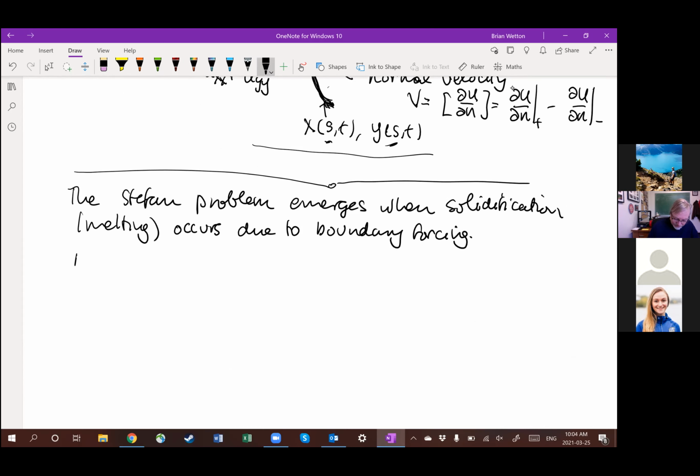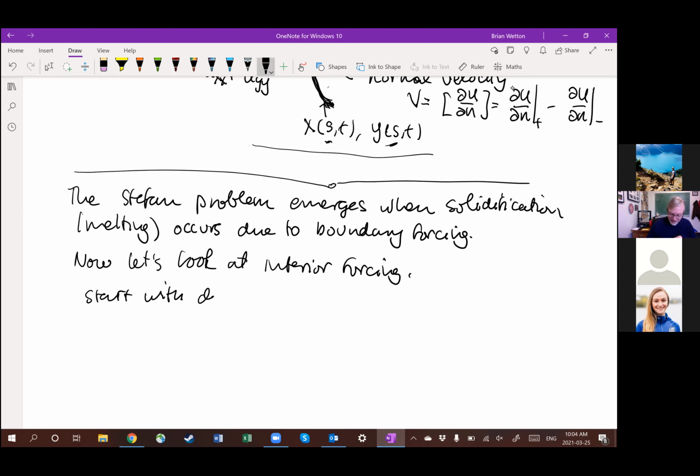So now let's look at interior forcing. And I'll say things are actually quite different in this context, and hopefully I'll convince you of that. So I'm going to start with a domain that's all water, with U the temperature positive.